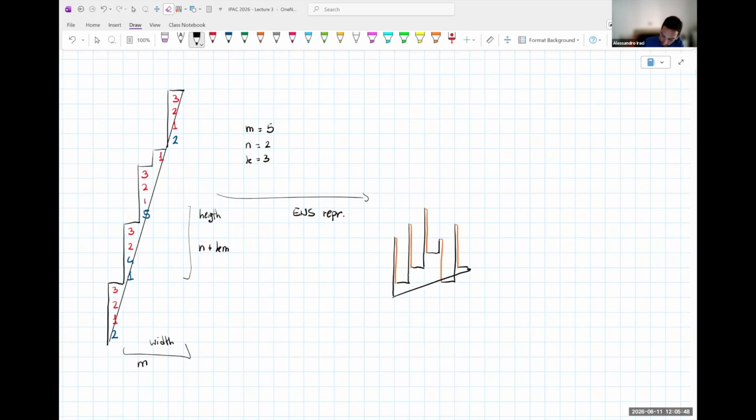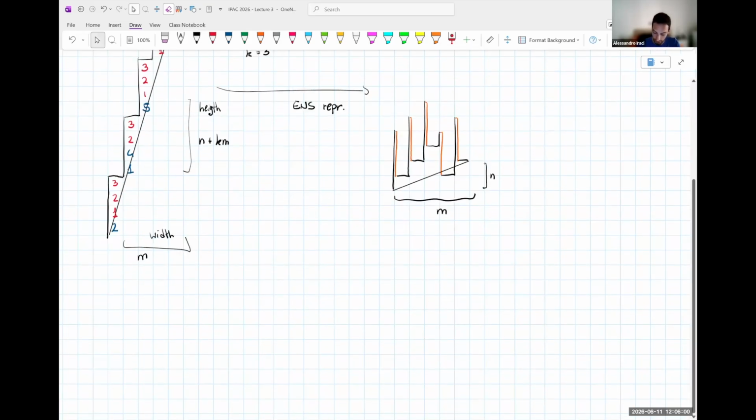So now the height is just n, the width is m, and our bijection, which is not a bijection at this stage, but it doesn't matter. I can add back the labels as well.